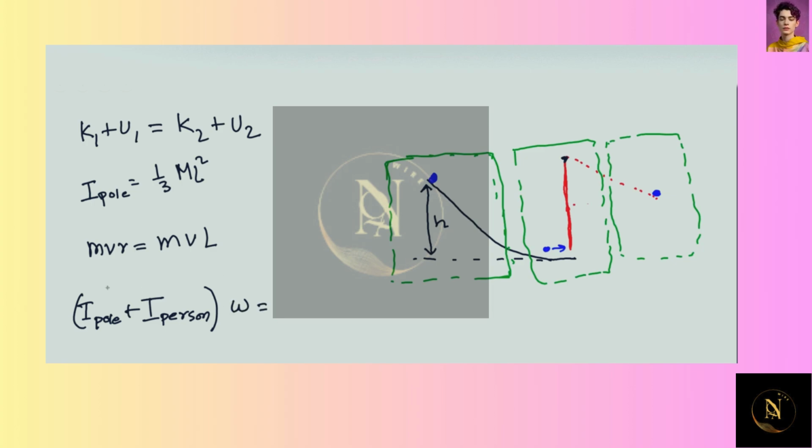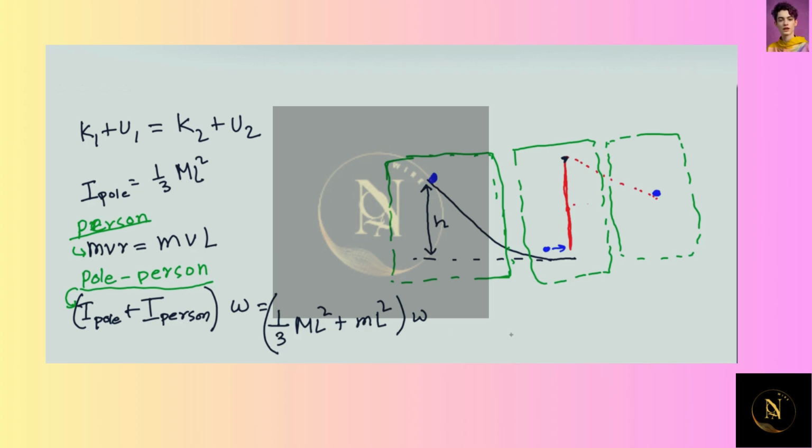So that's when we have the pole and person system, and this is the angular momentum of the person. And if we evaluate this, we see that it's going to be (1/3 ML squared plus little m L squared) times omega.